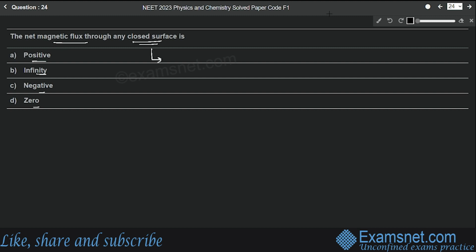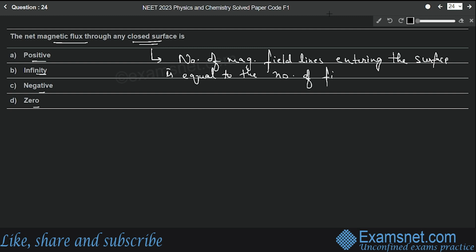We know that the number of magnetic field lines entering the closed surface is equal to the number of field lines leaving the surface, right?